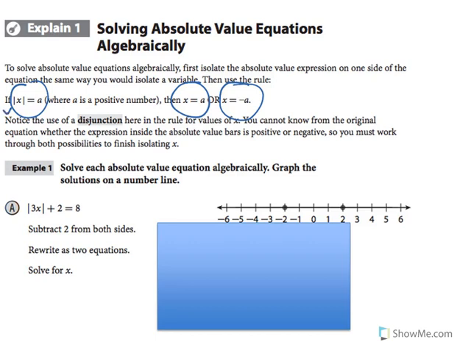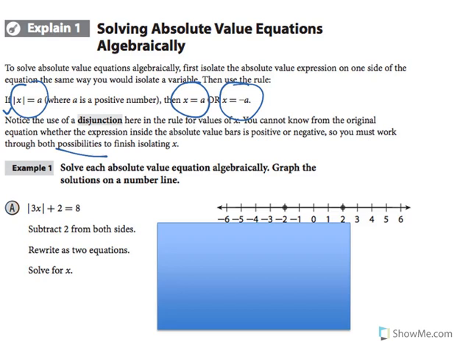Notice the use of a disjunction in the rule for the value of x. You cannot know from the original equation whether the expression inside the absolute value bars is positive or negative, so you must work through both possibilities to finish isolating x.